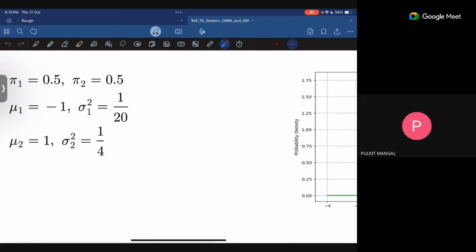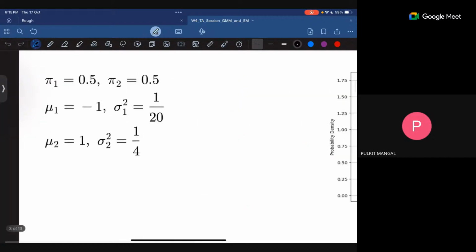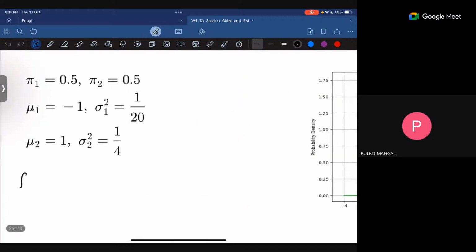So now let's try to write the density function for this GMM that we have plotted here. How will it look?